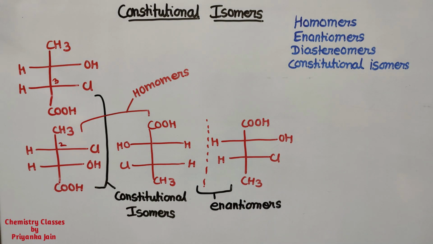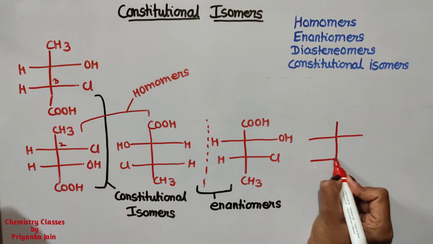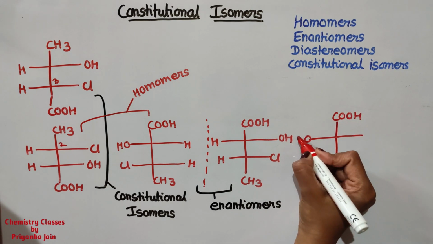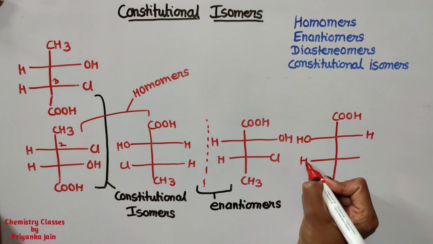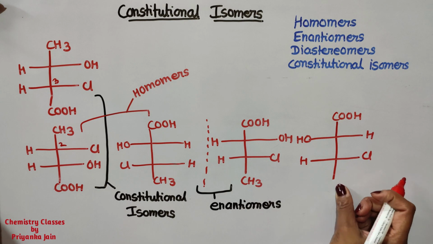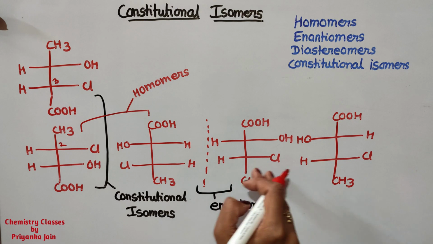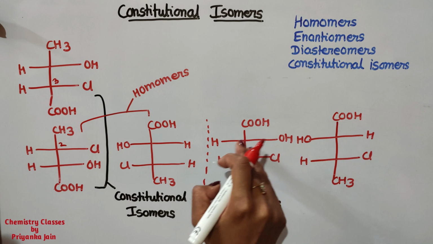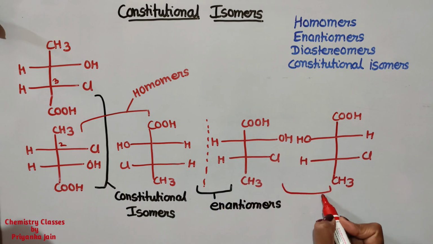Okay, but if the 2 structures are neither the mirror images nor the same structures, suppose see here, now see here in these 2 molecules, if you are rotating, you are not getting the same structure, and if you are matching them, these are not mirror images of each other. So these 2 structures are now called the diastereomers.